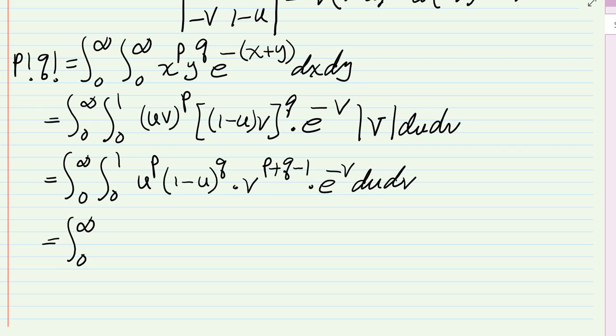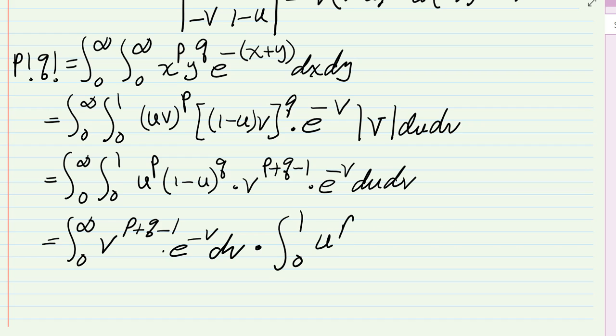All the terms that have v in them, I'm going to get them together. That's going to be these two. So it's going to be v to the power of p plus q minus 1 times e to negative v dv, and then multiplied by the one with u, 0 to 1, u to p and 1 minus u to the q power, and then du.